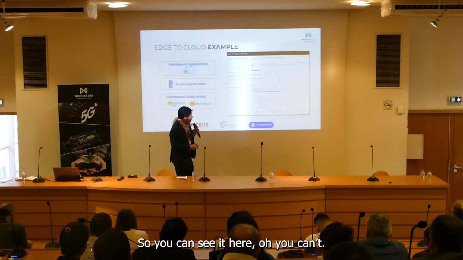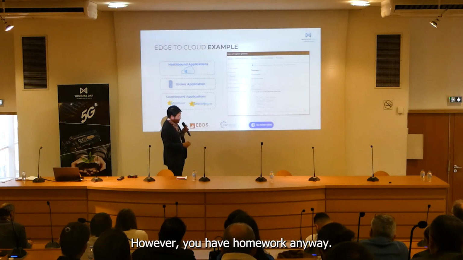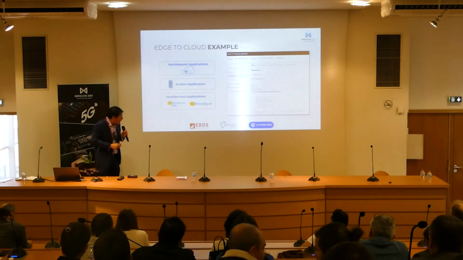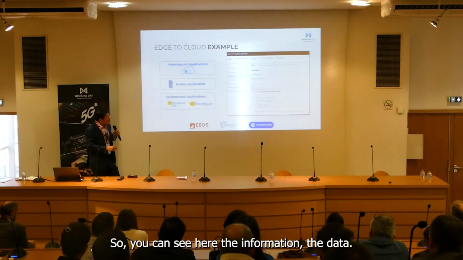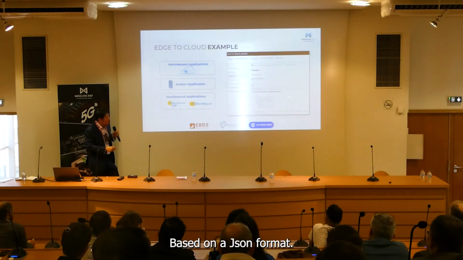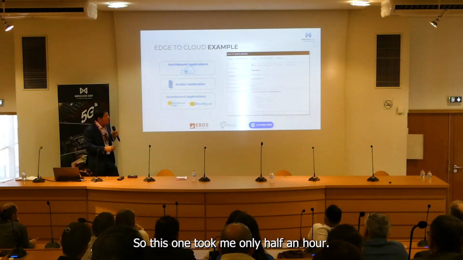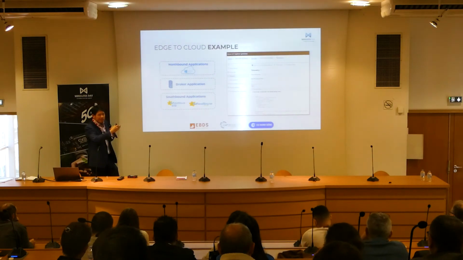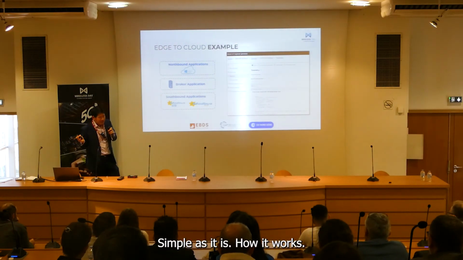Oh, you can't. It's too small. However, you have homework anyway. So you can see here the information, the data. This one is the temperatures, this one is the humidities, based on the JSON format. This took me only half an hour to get the data from the sensor to Microsoft Azure. Simple as that.